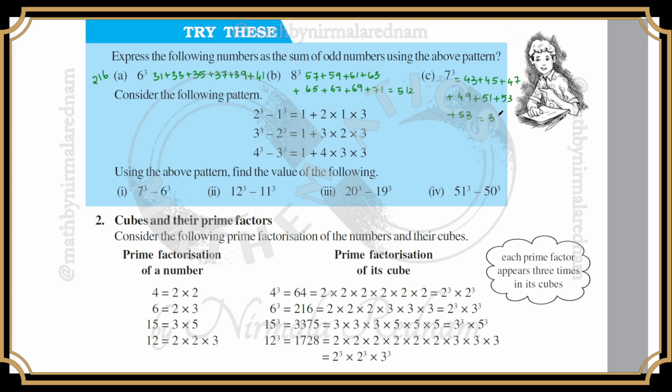It is going to be 343. Now here I have written 53 twice. It's 53 plus 55. Okay, like I said, I am writing the answers from memory, but if you want, you can check the sum of these 7 odd numbers. It is going to be 343.